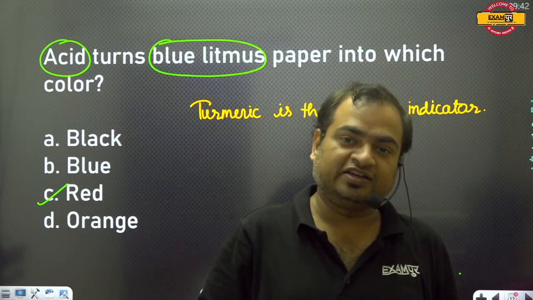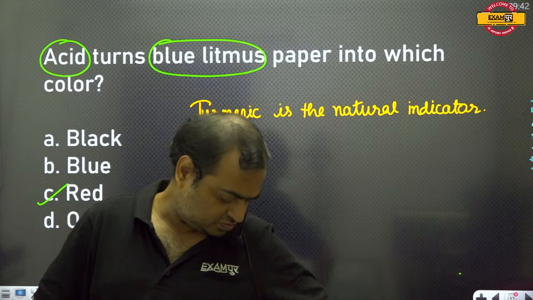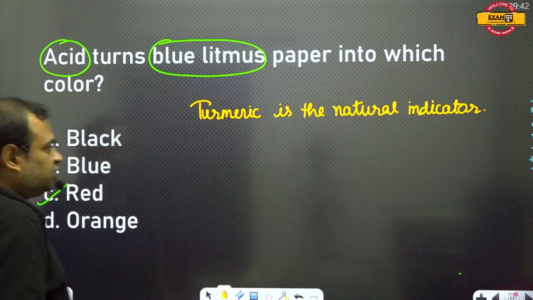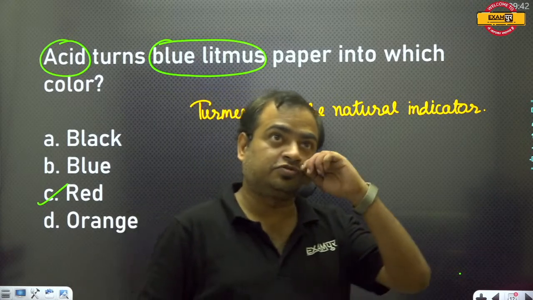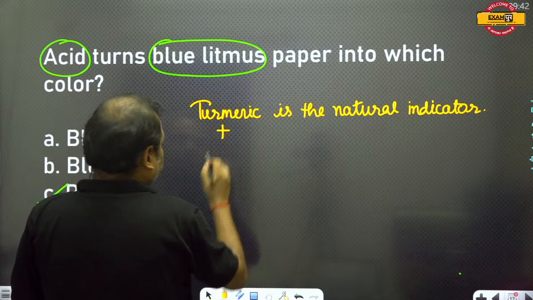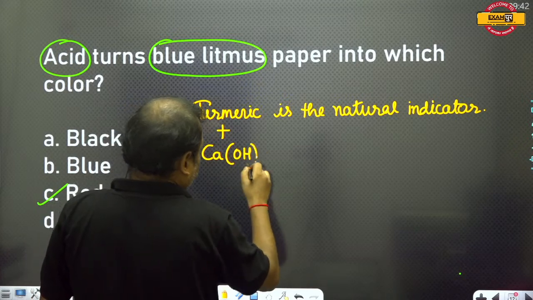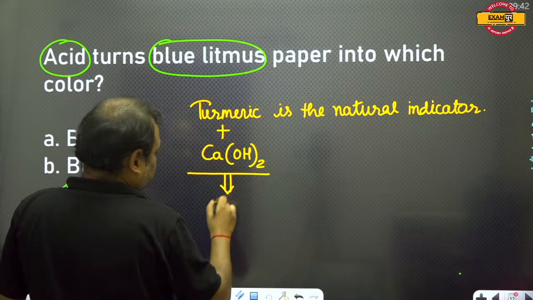Then she mixed the turmeric with calcium hydroxide, which is used to paint the walls, and the solution turned red.